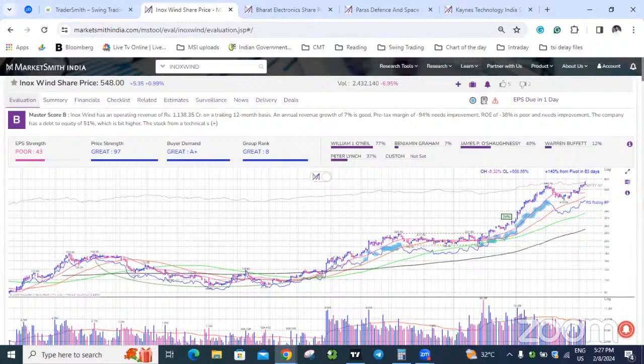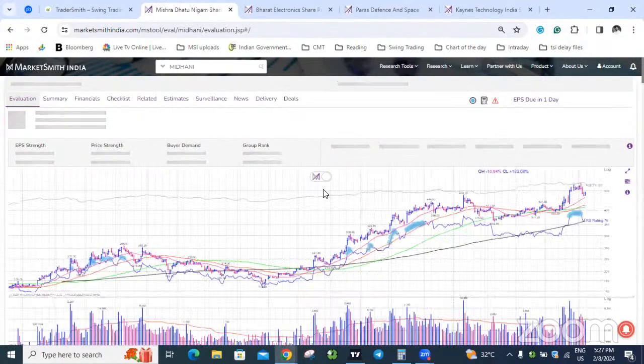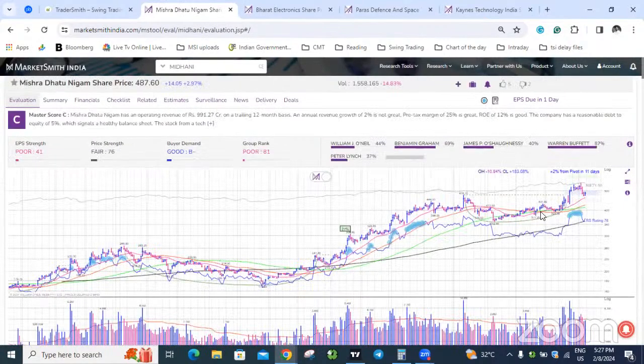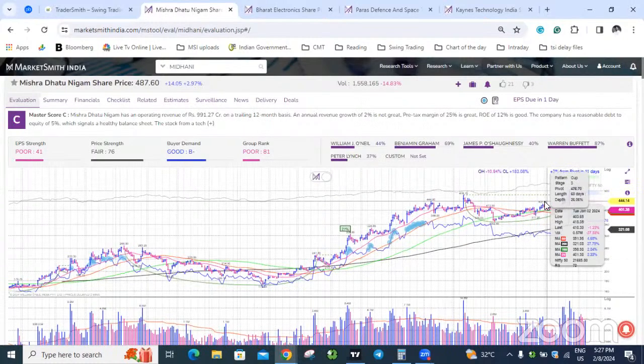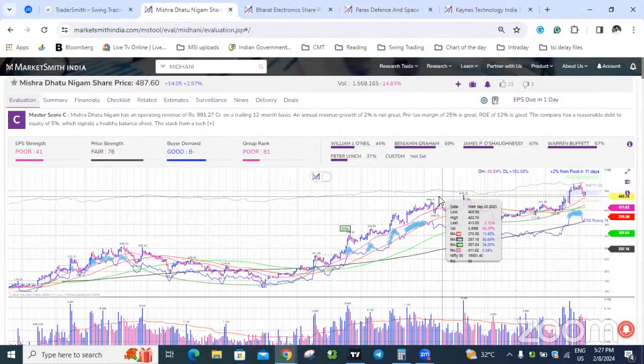Next one is Midhani and CDSL. So for Midhani, after the breakout level, it retested that breakout level, and today there is a slight bounce back.